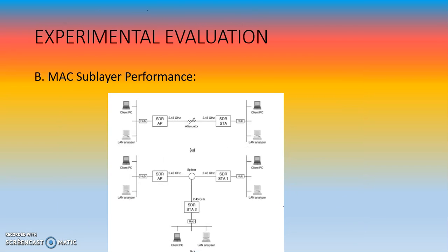In the experimental evaluation of MAC sublayer performance, the measurement of MAC layer performance depends on two categories, one-to-one communication and one-to-two communication, as shown in the figure. In one-to-one communication, packets were generated and received by connecting LAN analyzers via Ethernet to the SDR sets, and Ethernet frames were used.